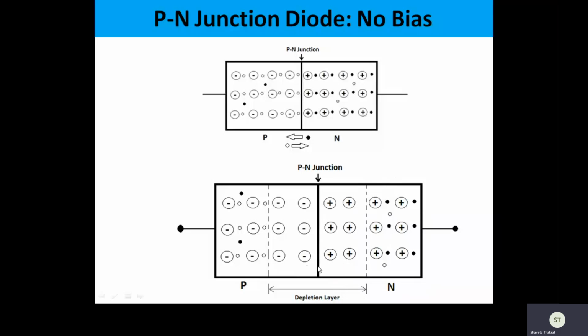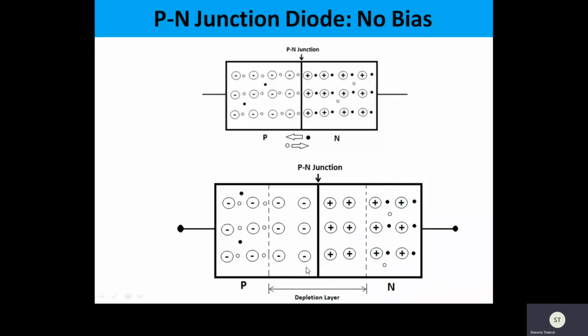So it is most important to remember the value of knee voltage. For silicon, this value is 0.7 volt, and for germanium this value is 0.3 volt, and this is because of the establishment of the depletion layer or potential barrier or electric field produced at the junction.